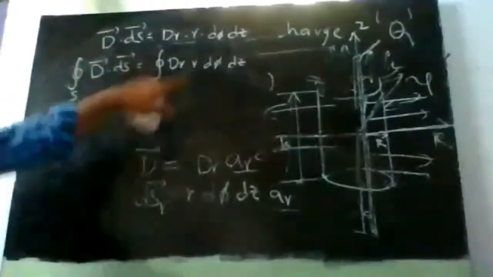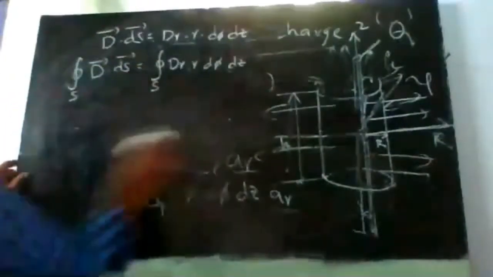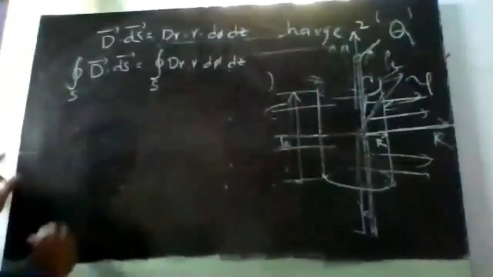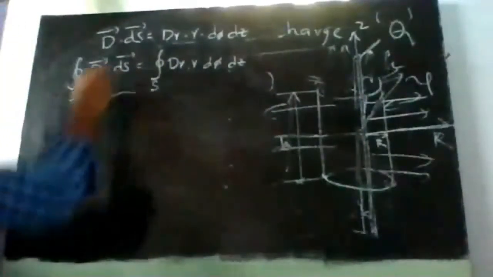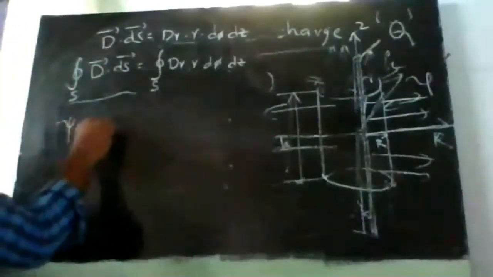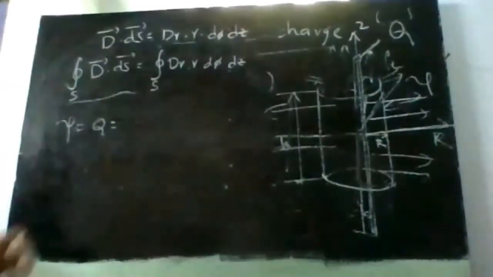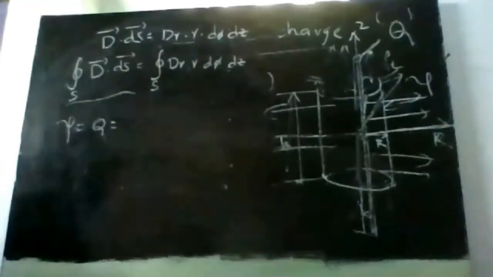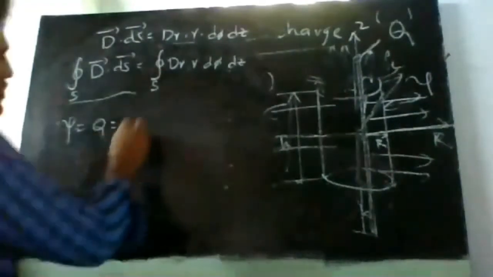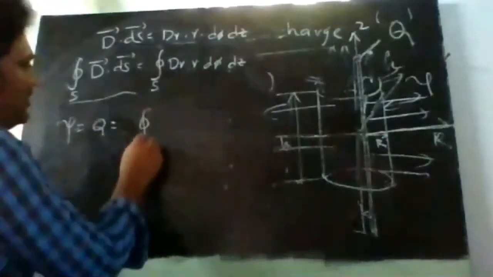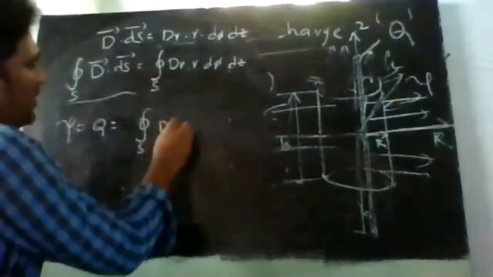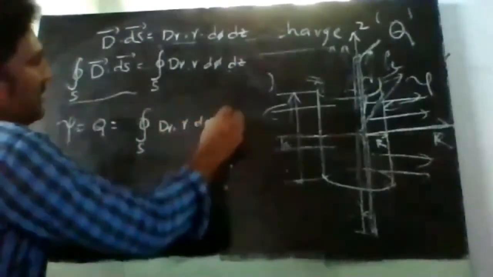So this is the next thing. Now as per the Gauss law, I can consider this as phi or Q, whatever it is. Phi or Q is equal to the surface integral of Dr r d phi dz.